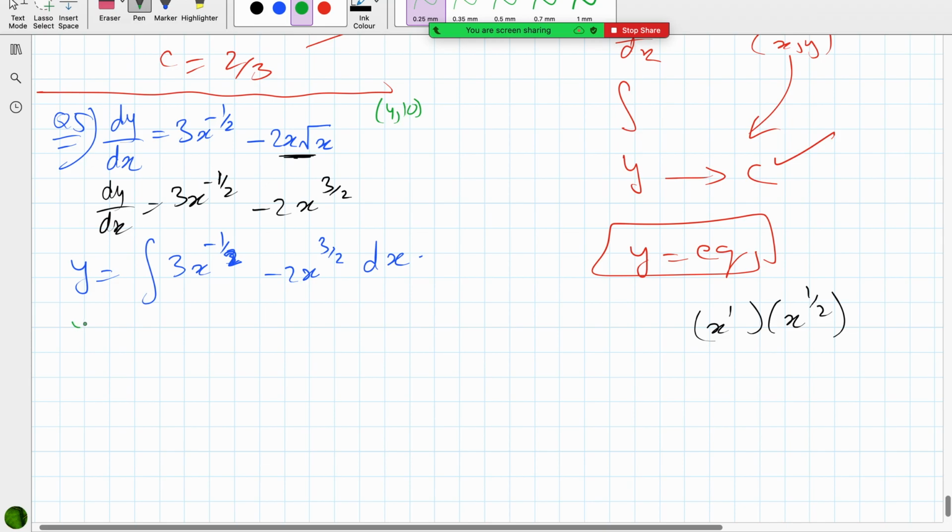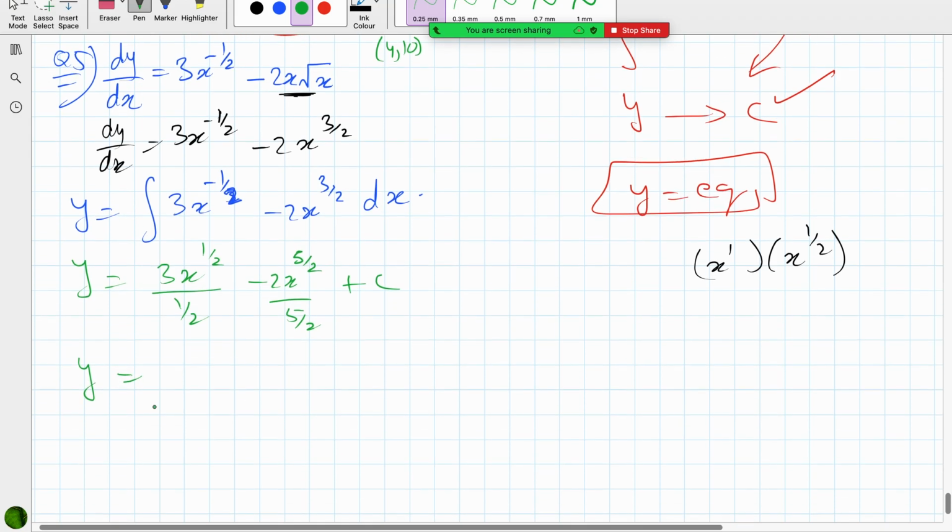Here begins the integration. y is equal to 3x power plus 1 divided by new power minus 2x power plus 1 divided by new power plus c. I'm simplifying it.